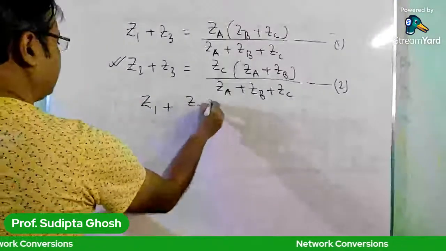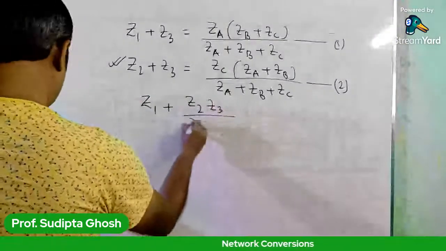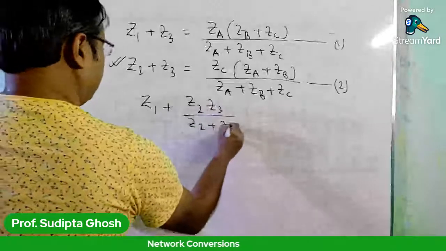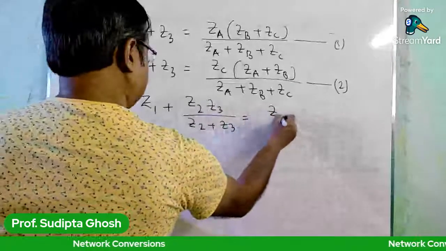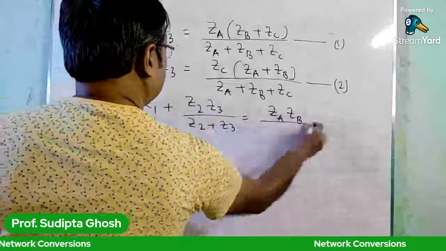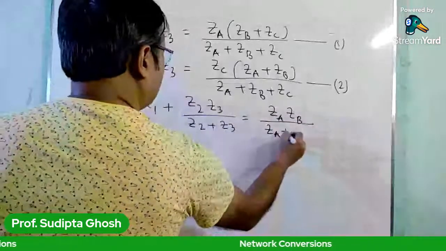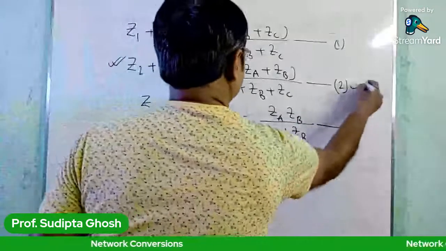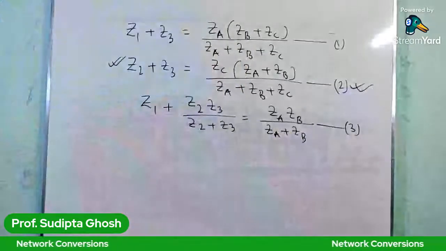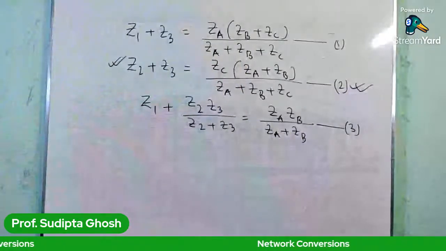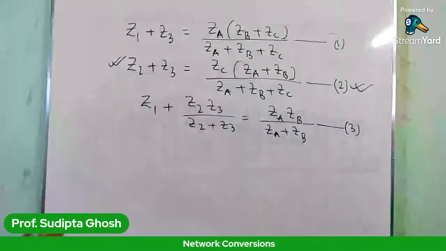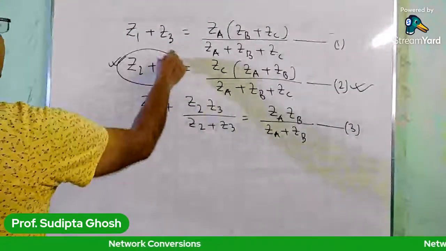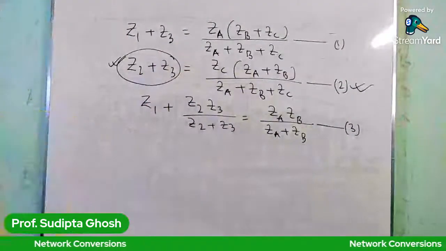It is Z1 plus Z2 Z3 by Z2 plus Z3, and it was ZA ZB divided by ZA plus ZB. So now I'm going to substitute equation 2 into equation 3. Here you can see that this Z2 plus Z3 must be substituted here.